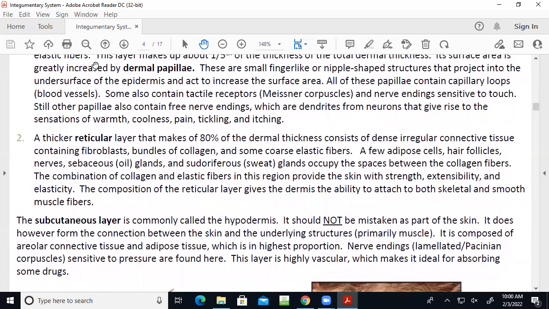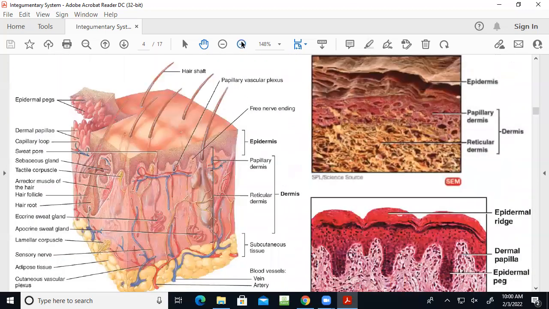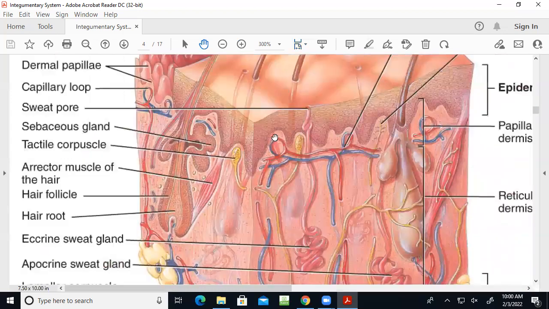Now, all of those dermal papillae will have capillary loops, which are blood vessels. Some will also contain tactile receptors called Meissner corpuscles, and others will contain nerve endings sensitive to touch. So if you can see here, most of these little spaces, this one's kind of an exception in the picture, have something in there: a nerve ending, a blood vessel, another type of nerve ending.